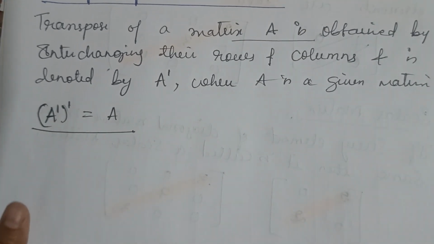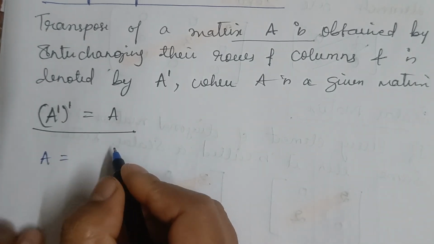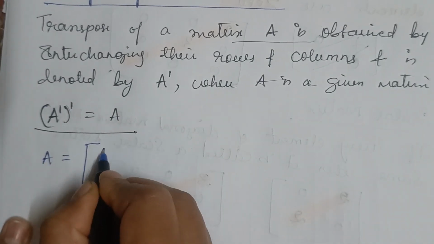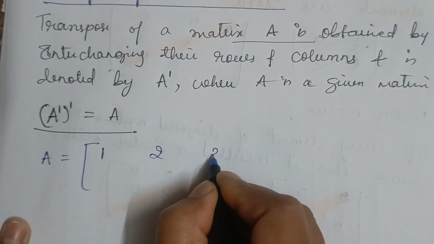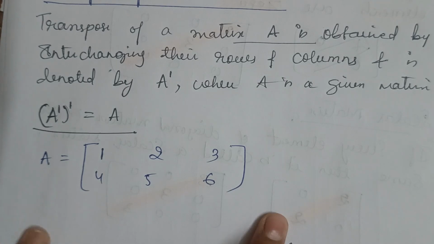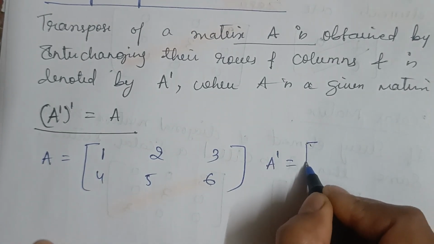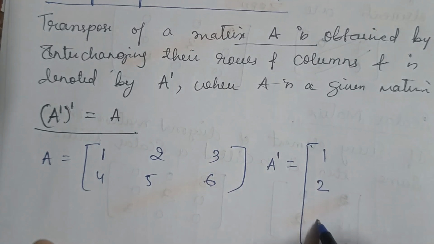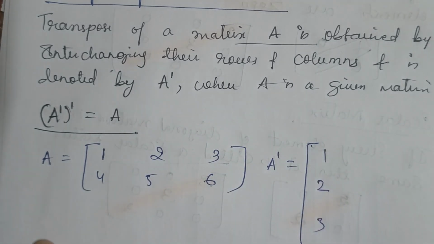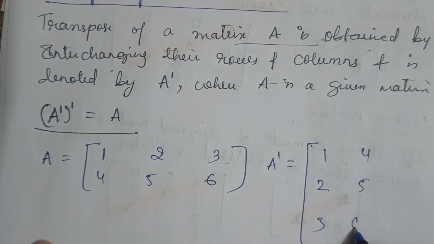So for example, I'll show you. Let me consider a matrix A with elements 1 2 3 4 5 6, and the transpose of the matrix A I can write as 1, 2, 3. This row is interchanged to the column. And then the second row, I'm writing it as a column.